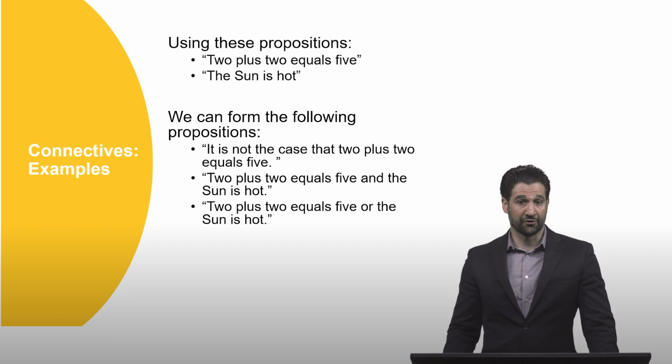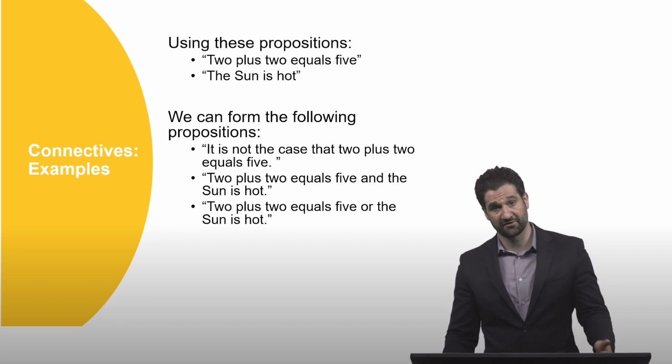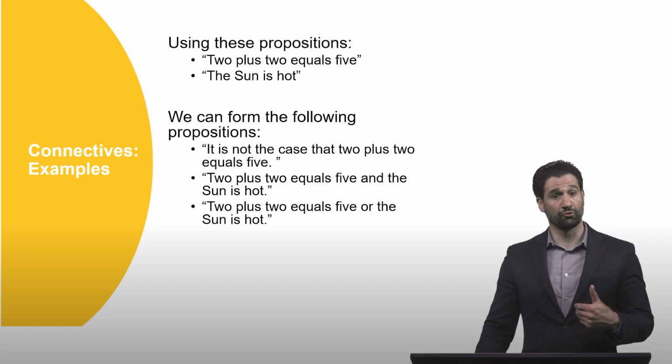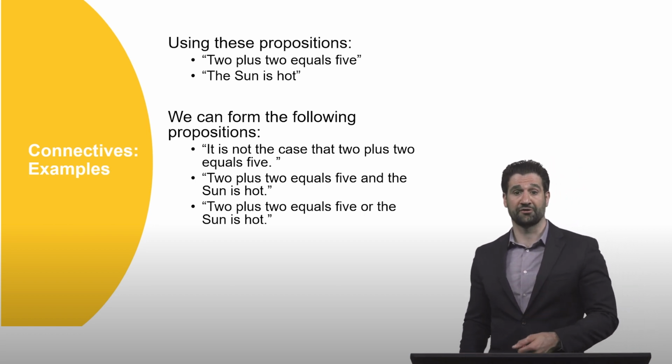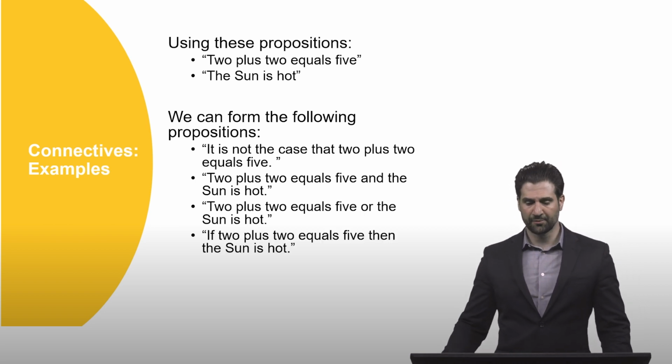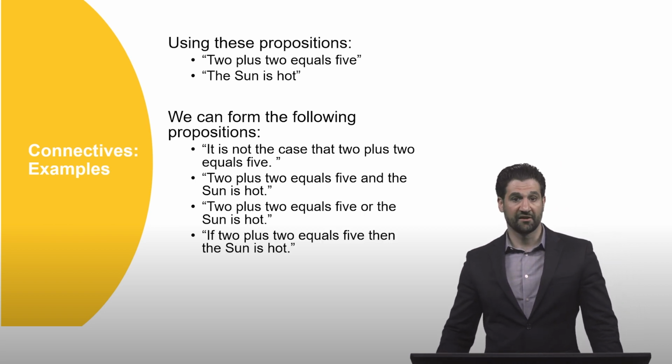2 plus 2 equals 5, or the sun is hot. So if we define sun is hot as being true, then this whole statement is true regardless of what 2 plus 2 equals. If 2 plus 2 equals 5, then the sun is hot.